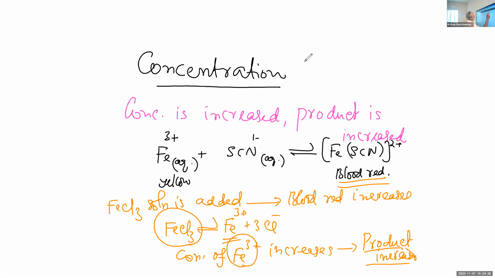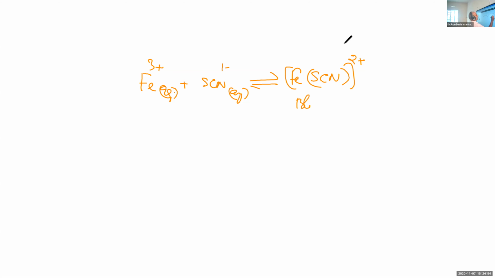Now you take another change. Say here we have Fe3+ aqueous plus SCN- aqueous, reversibly giving FeSCN2+, and this is blood red colored.